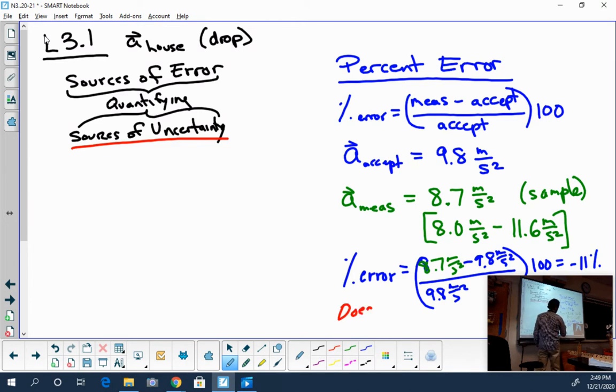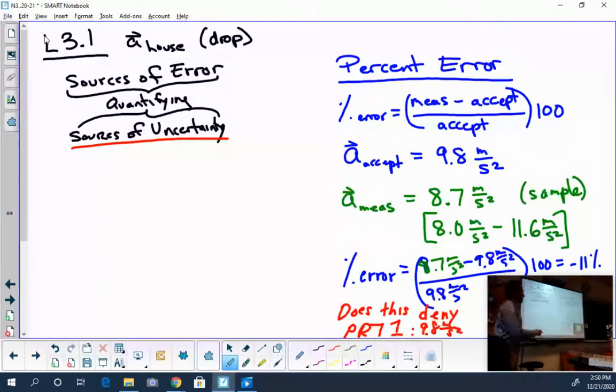Okay, the question though, does this deny the reference table result of 9.8 meters per second squared? Basically, does the experiment that you did, when they say within error, is it possible that 9.8 is legitimate?